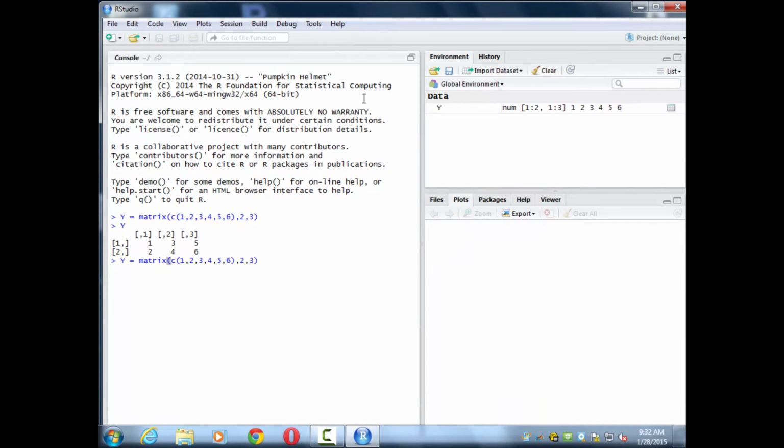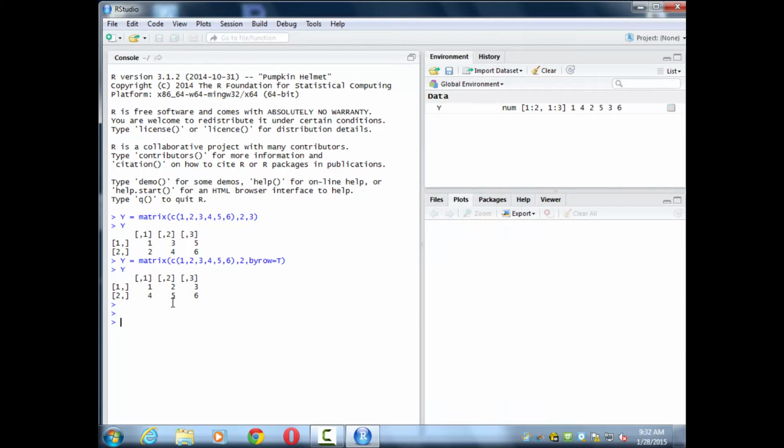For example, we can say here byrow equal T, meaning true. Okay, and now we can see how the values are stored by row. So 1, 2, and 3 are in the first row, 4, 5, and 6 are in the second row.